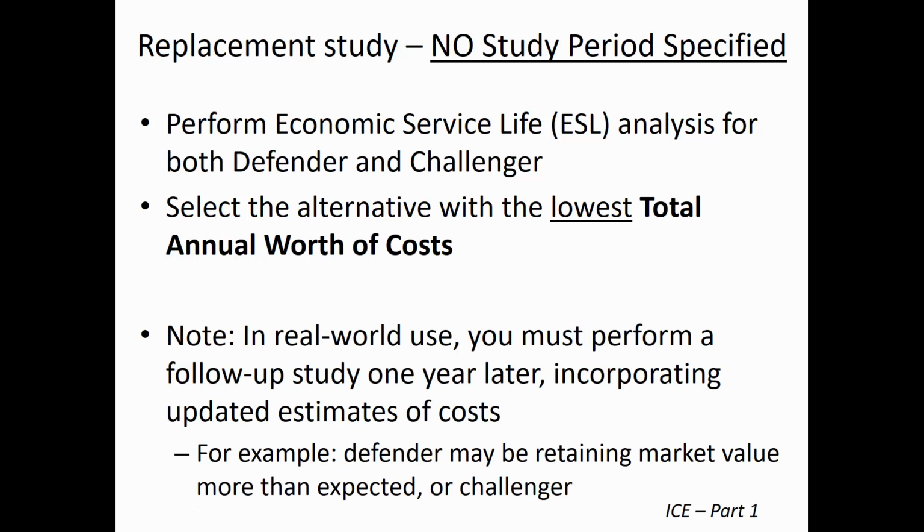Now, in the real world, you're going to have to revisit this kind of analysis on an annual basis to make sure that your projections of costs and your projections of value are holding up and that they were accurate. We're going to do this analysis today, looking 6 years into the future, trying to predict for a piece of equipment its market value 6 years from now. We'll do our best in year 0, which is now, to predict that, but the circumstances may change.